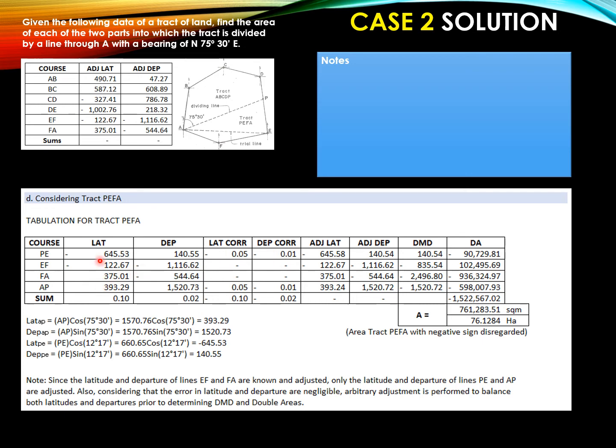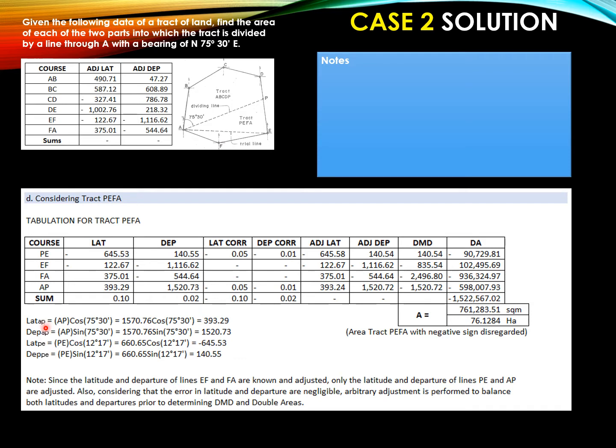So, nilagay lang din dito si negative 7. Ito, nakuha natin itong 1570.76 cosine 75 degrees 30 minutes. So, galing siya dun sa 1570.76 galing sa previous slide. So, ito din as well as 660.65, yun yung line PE, length of line PE.